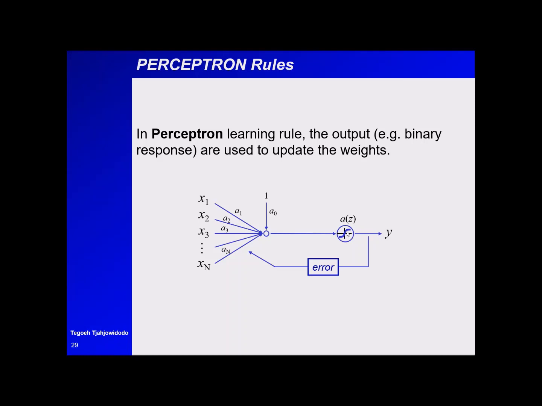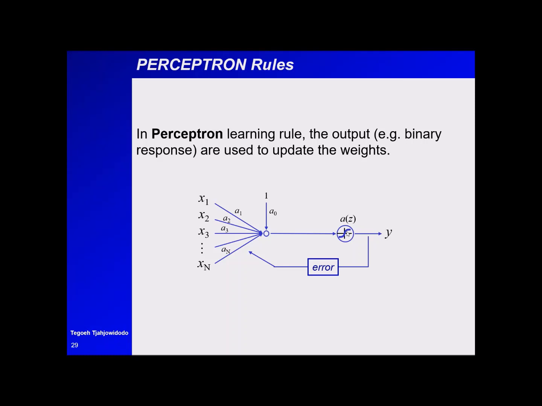So for the updating, you can consider the network with a linear activation function for Adaline, but for perceptron, the updating of the weights uses the real output after the nonlinear activation function. But the nice thing here is that the calculation of perceptron still considers a linear activation function.